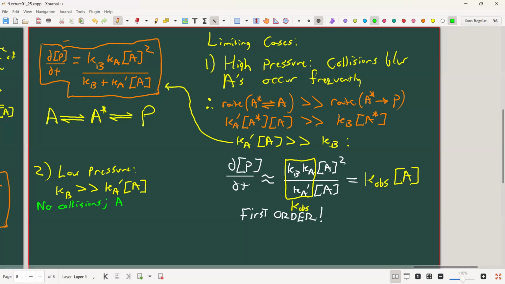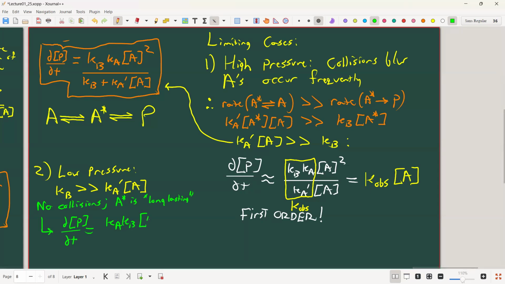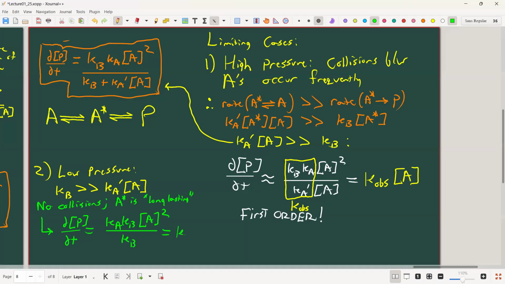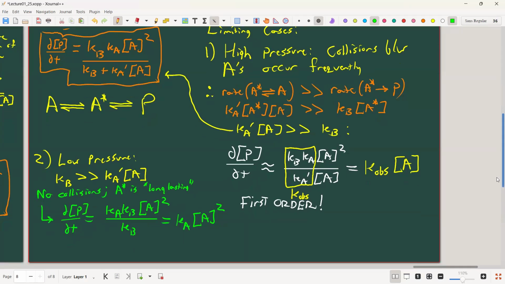And this kind of means that A prime is long lasting. And therefore we get dP/dt is equal to Ka Kb times A squared. And the Ka prime A goes away because it's small over Kb. And we're left with Ka times A squared. Second order.